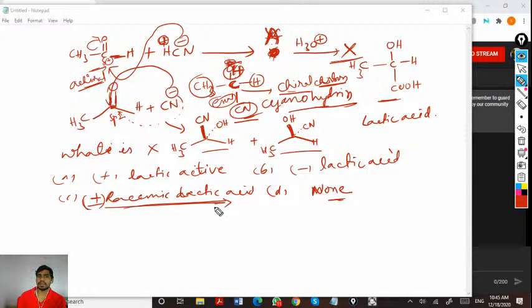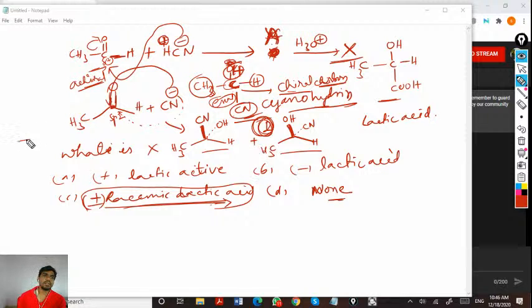Whatever the compound, on cyanide attack, if it is achiral and forms a chiral compound, then it will give a racemic mixture. If it is not forming a chiral center, there will be only one kind of product. If it is forming new chiral centers, then it will be two products which are enantiomers.